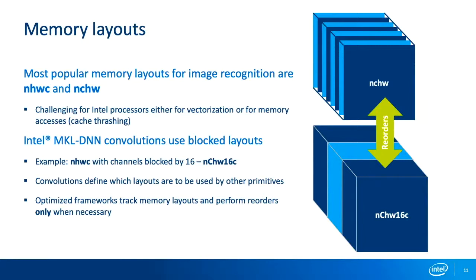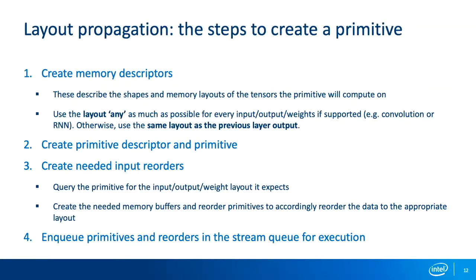If you're in the framework space, it's not so important to you because you don't have to deal with it, but you just know it's happening underneath. So the framework teams are constantly checking each compute-intensive primitive and asking MKL-DNN what the format should be. When I showed the primitive block layout, the idea was to stay in the format that MKL-DNN recommends for as many primitives as possible. And that's propagation of layouts, what we call that.